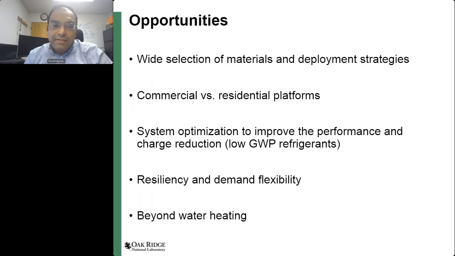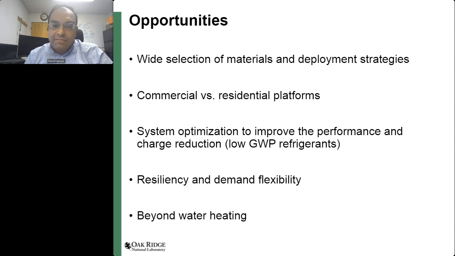So just to highlight some of the opportunities in this area, this is a project where we are trying to enhance the distributed energy storage solution. And in the context of materials, there is a broad range of materials which can be used. When it comes to platform selection, obviously the requirements for a commercial platform can be significantly different from the residential platform.